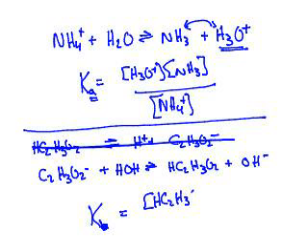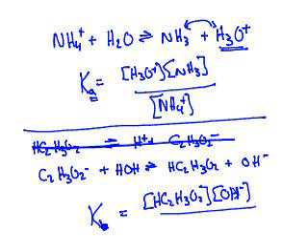It's kind of weird to have an acid in a basic solution. It's an equilibrium system. That's what you got to keep in mind. Right. So you have a Ka and a Kb.